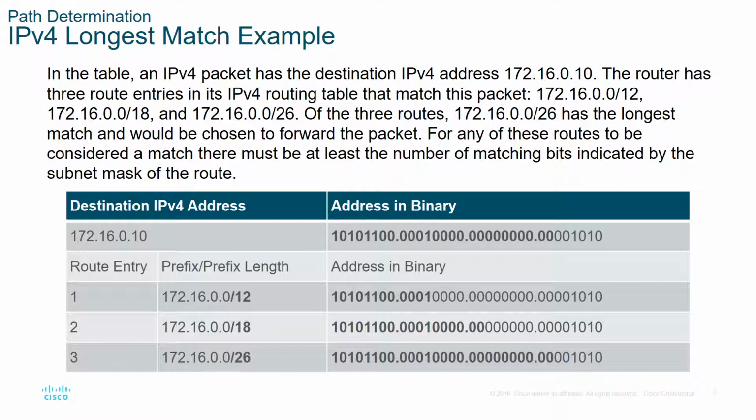Of the 3 routes, 172.16.0.0/26 has the longest match and would be chosen to forward the packet. For any of these routes to be considered a match, there must be at least the number of matching bits indicated by the subnet mask of the route.